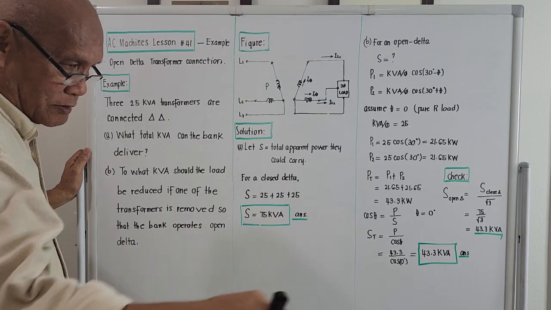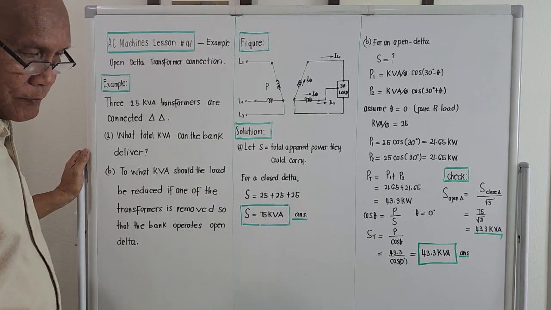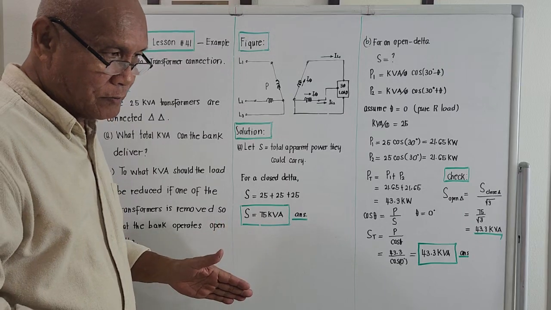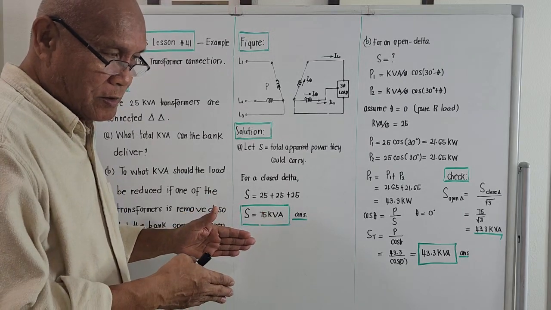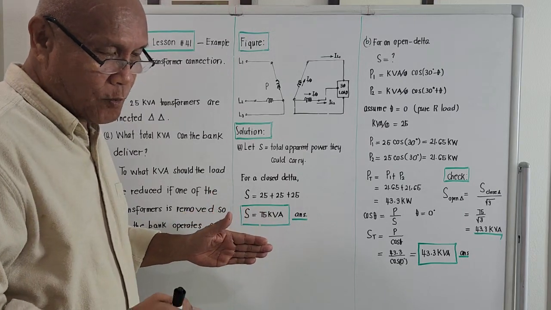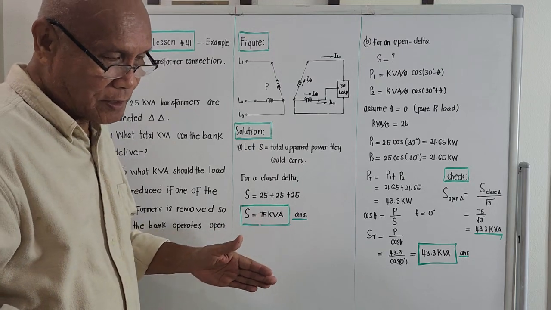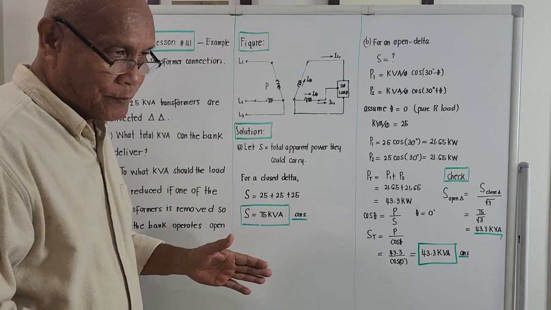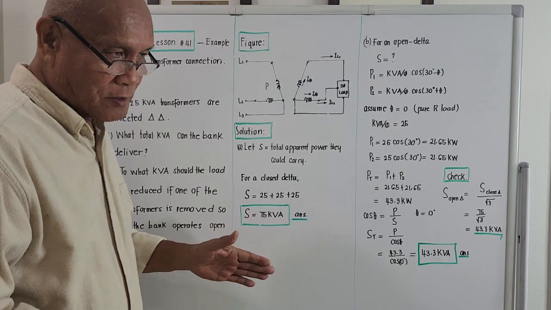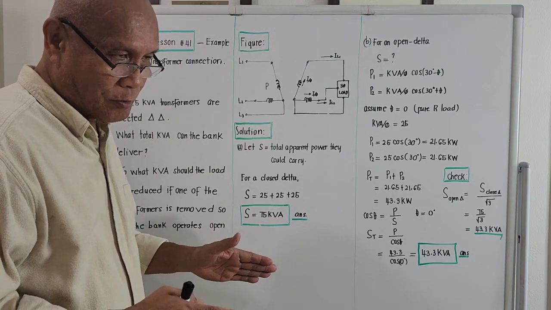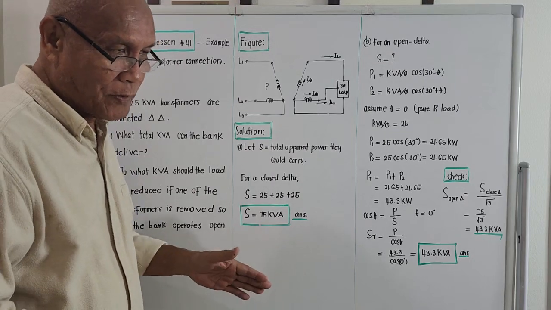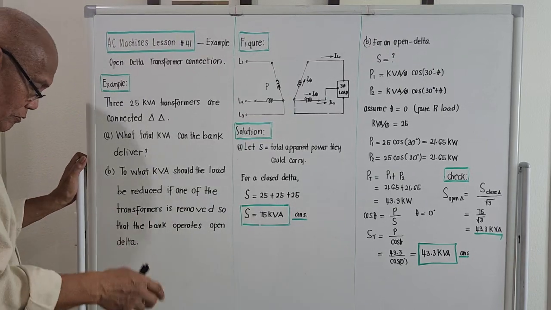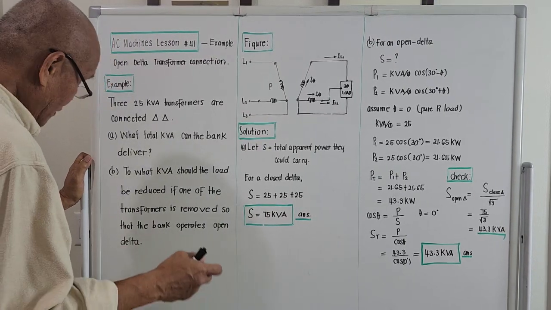We have studied the last time around the concept on how to compute the total power that could be carried by a closed delta when one of the transformers is damaged, so it will be operated as open delta. So the problem is asking what will be the total load that could be carried by an open delta, an actual real problem. I will try to read the problem.